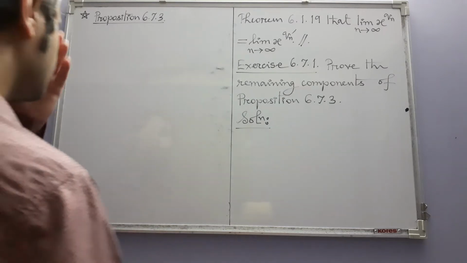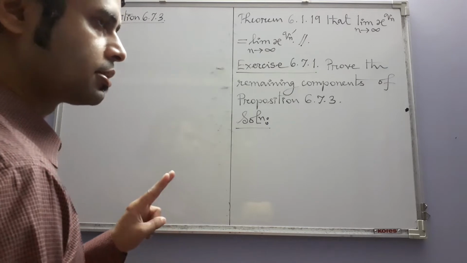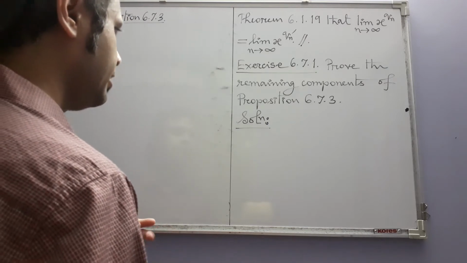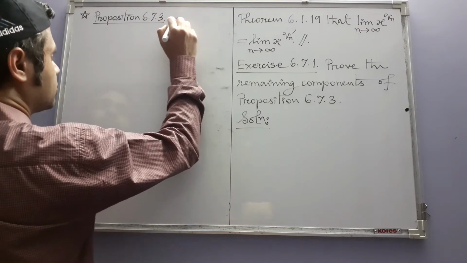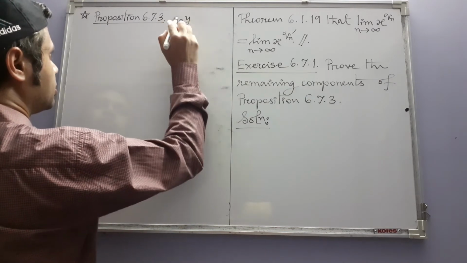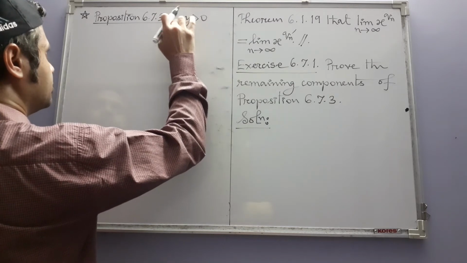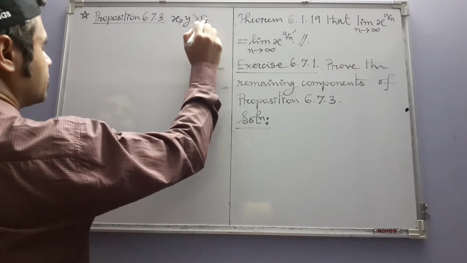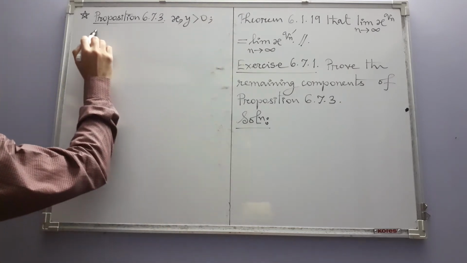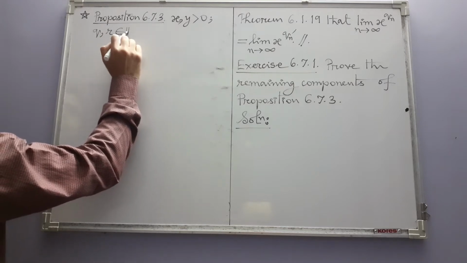So that means here we have two positive real numbers x and y, and any two real numbers q and r. x and y are positive real numbers, which I am writing extremely loosely like this, and q and r are any real numbers.